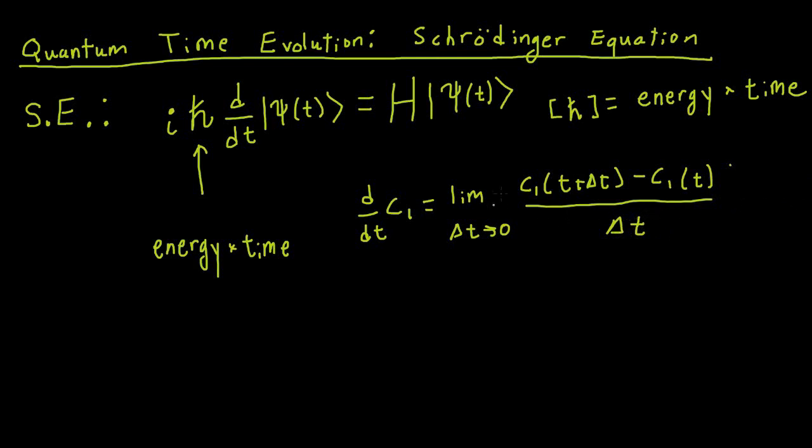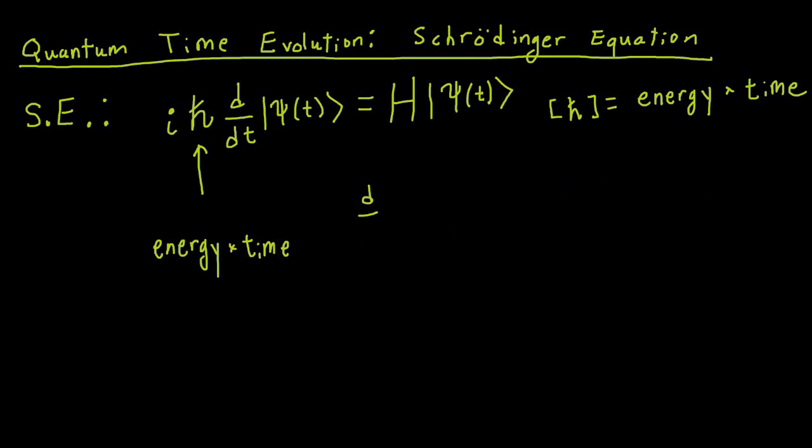So the dimensions of this thing right here are just 1 over time. Now, let's look at the right half of the equation. As discussed, this thing has no units. Psi of t has no units. It's dimensionless.